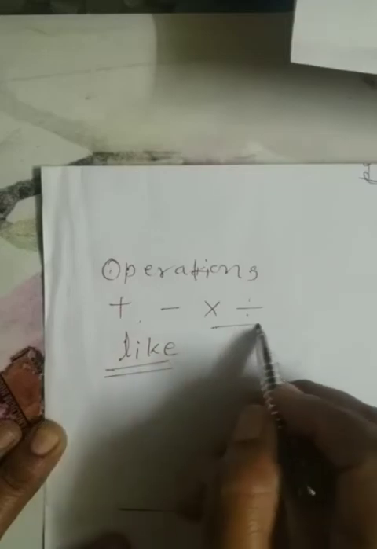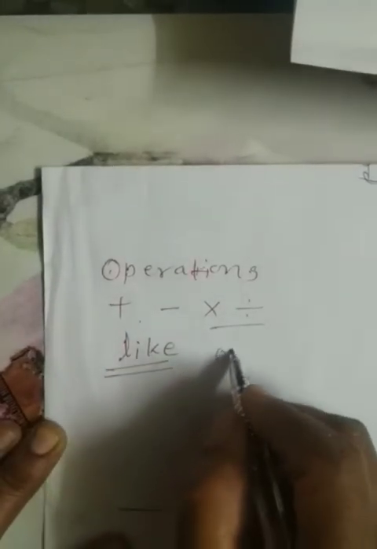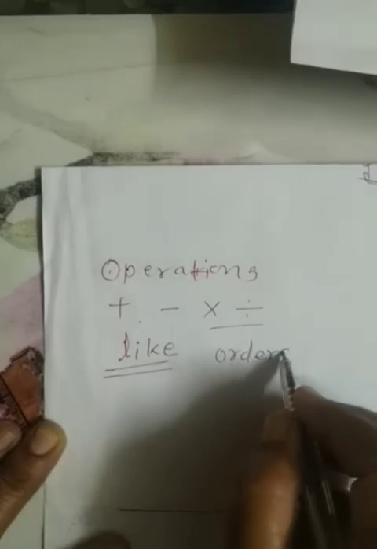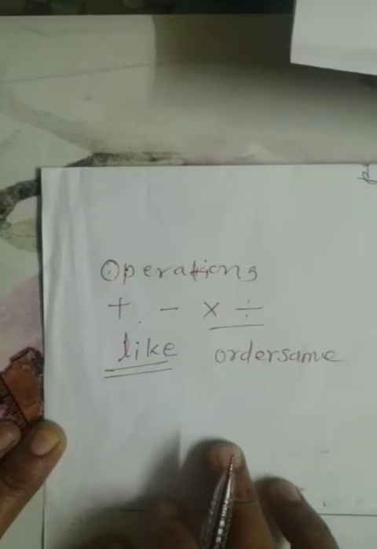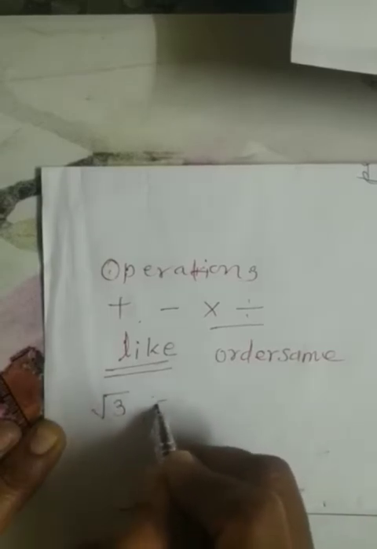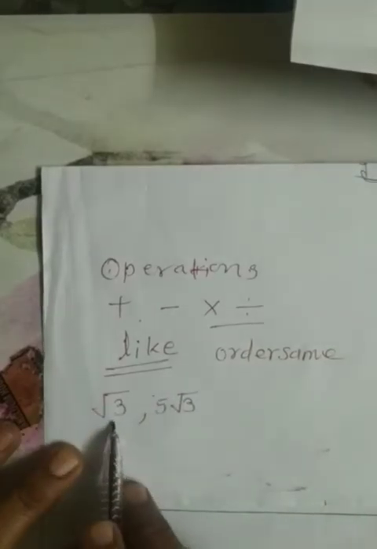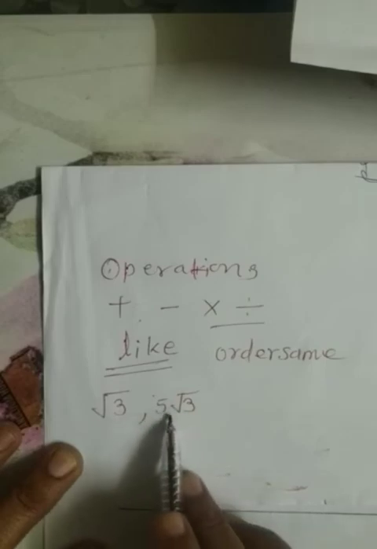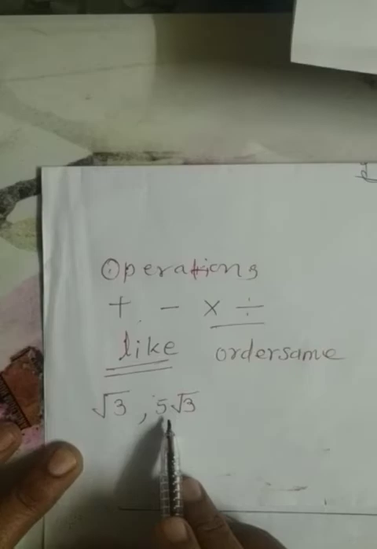For multiplication and division, it is necessary that the order is the same, though the radicand may be different. For example, root 3 and 5 root 3. Here one number is root 3, another number is 5 root 3. We can do addition and subtraction.